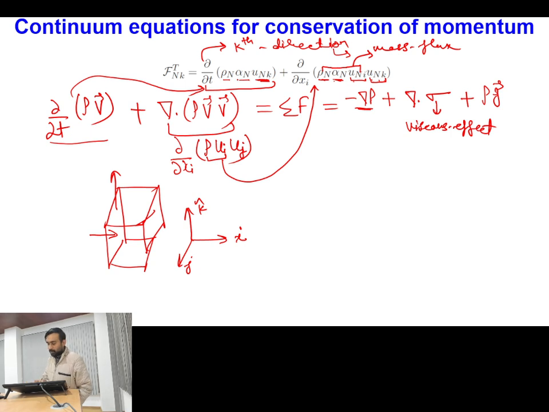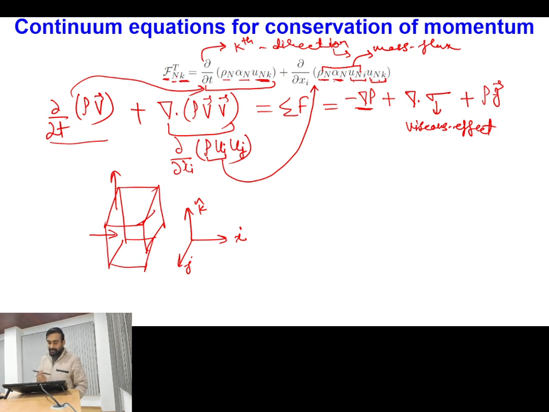So this is the local rate of change within the control volume, and this is the rate of change across the boundaries of the control volume. Across boundaries and within the control volume together become the total rate of change of momentum, and the total rate of change of momentum must be equal to the total forces acting on the nth phase in the kth direction. Is this point clear? Are all clear with this idea?